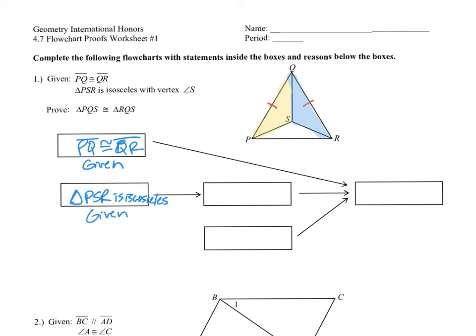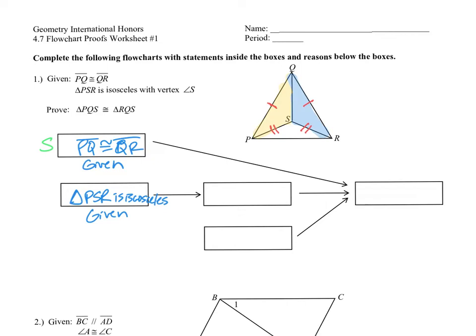When it comes to keeping track of what parts are congruent, I like to put just a little letter to remind me. I'm going to put an S right here, since I already have one pair of parts congruent between the yellow triangle and the blue triangle. So let's see what else we can come up with. Let's use the fact that we have an isosceles triangle. We know from an isosceles triangle that we have a pair of congruent sides. So I can say that segment PS is congruent to segment RS.